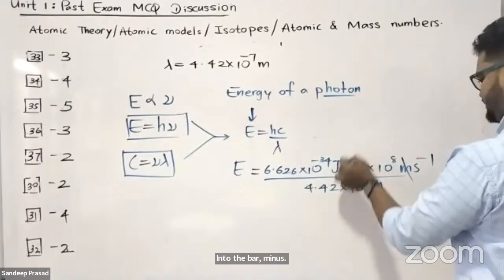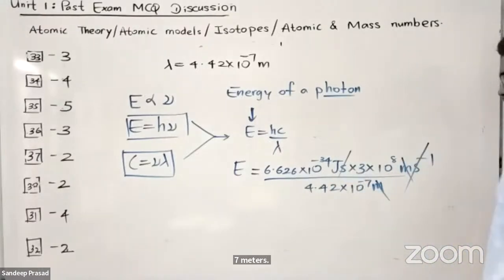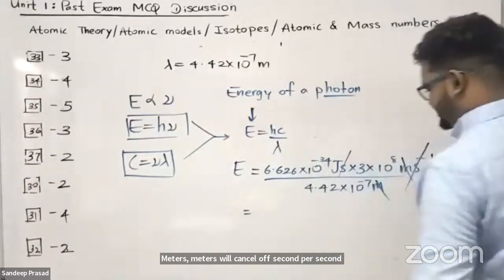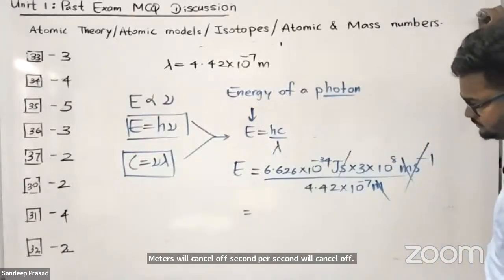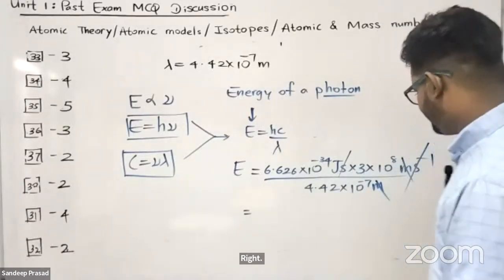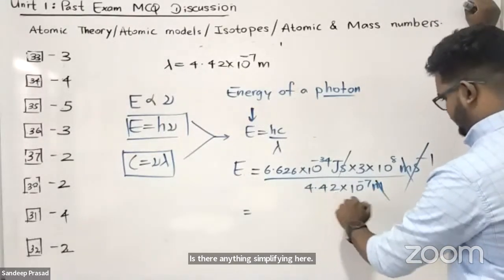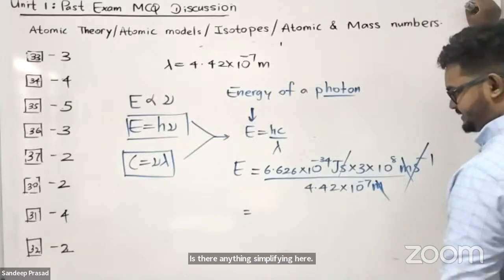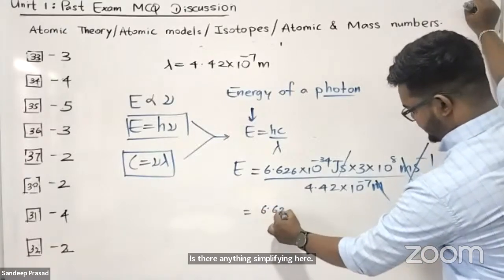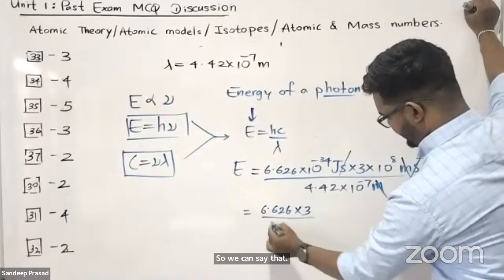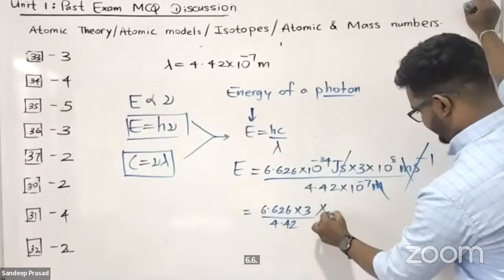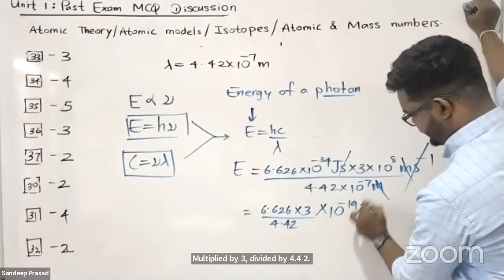Meters will cancel off. Seconds per second will cancel off. So we can say 6.626 multiplied by 3 divided by 4.42, and here we have 10^-19 joules.